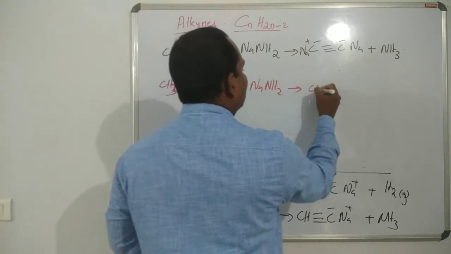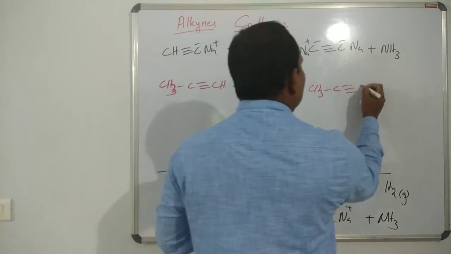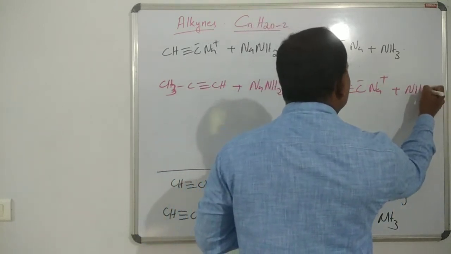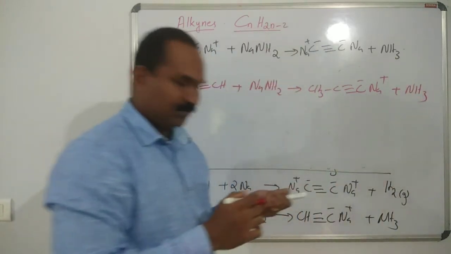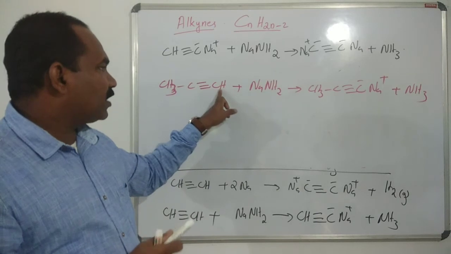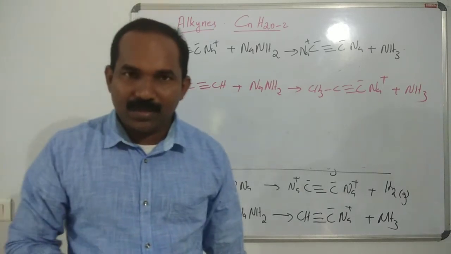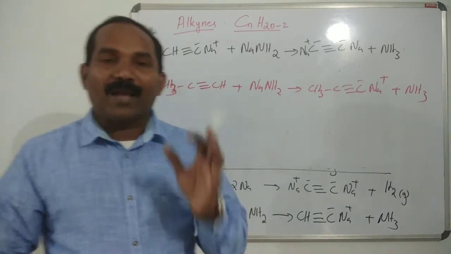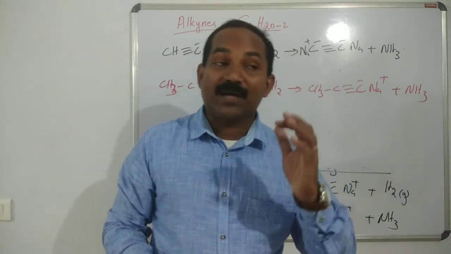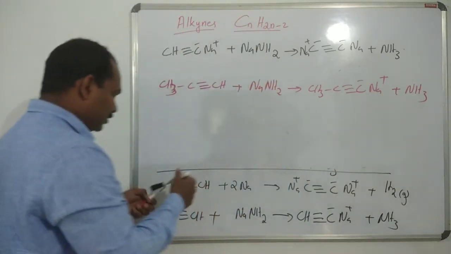What do we get? CH3 C triple bond C minus Na plus, plus NH3. Okay, only 1 mole reacts because there is only 1 hydrogen. The terminal alkynes are acidic in nature because they contain acidic hydrogen actually. It's a very important thing.